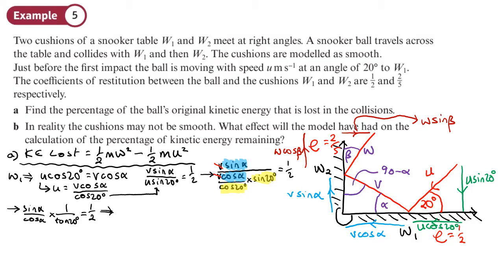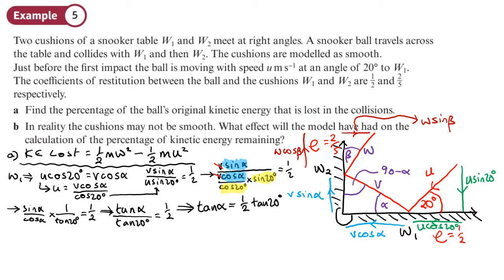So we have basically tan alpha over tan 20 equals a half. So then 2 tan alpha equals tan 20, so divide by 2, I will end up with tan alpha equals a half tan 20.